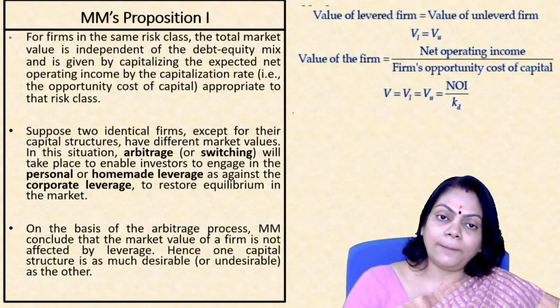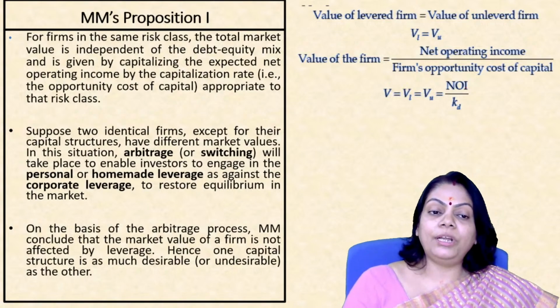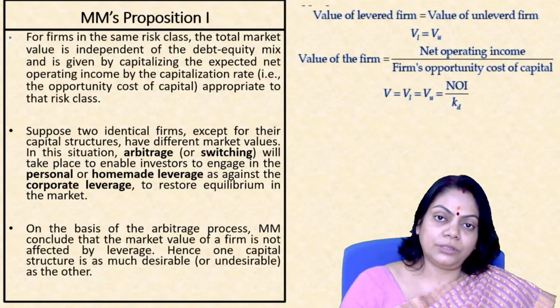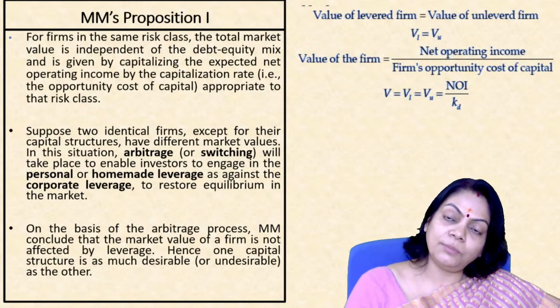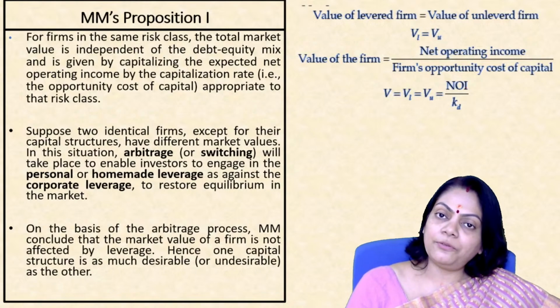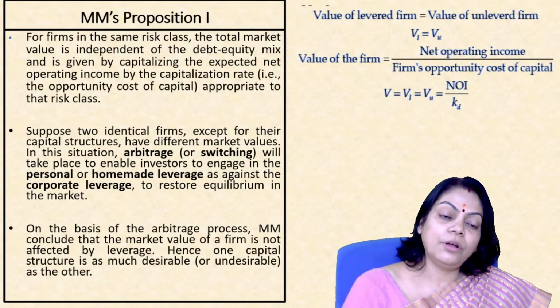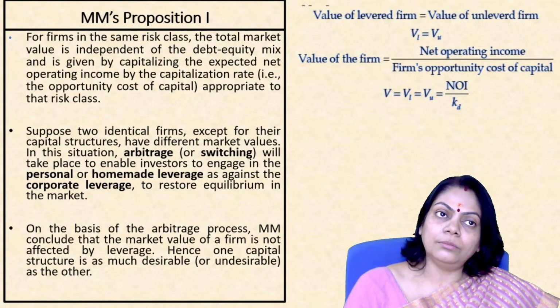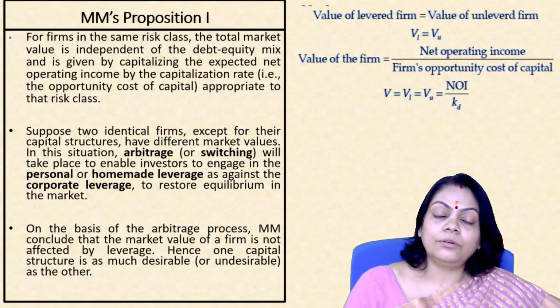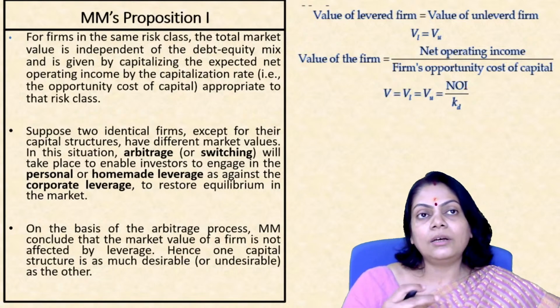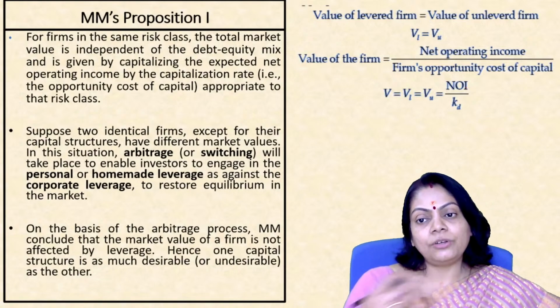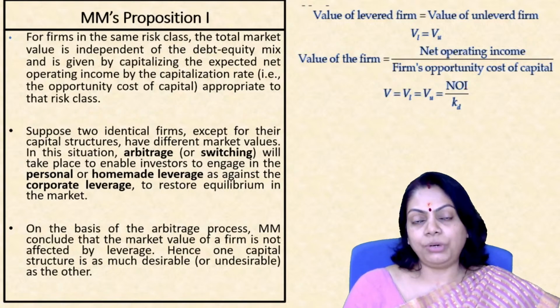Now, according to Miller and Modigliani, suppose there are two firms that are alike in all respects. They are in a similar kind of business, they have similar risk, and a similar cost structure. The only difference is that one firm is all equity, and the other has some debt plus equity.